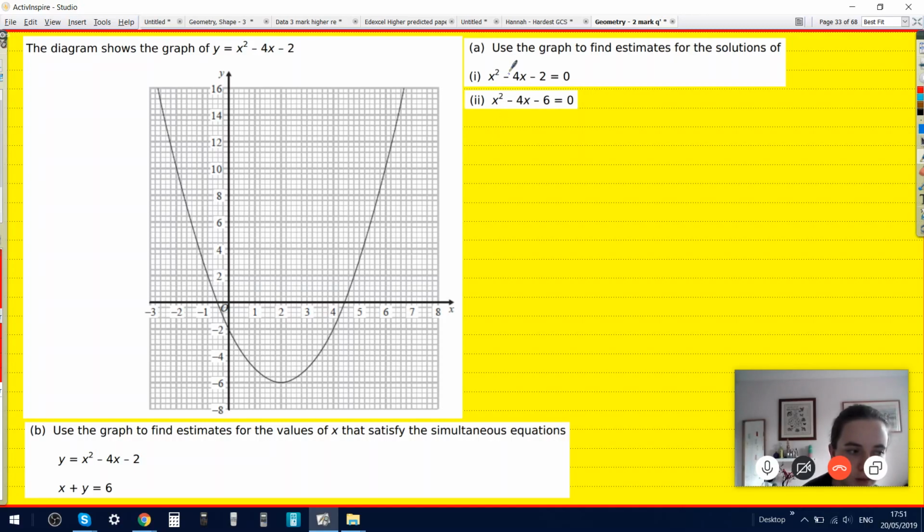No, wait. Is it the roots? Yeah. Then x equals 0.